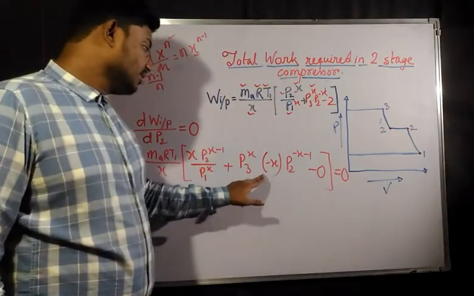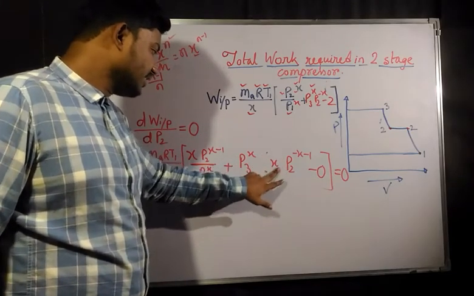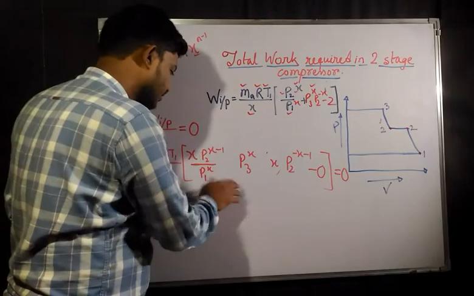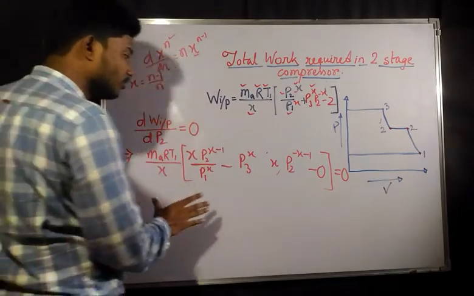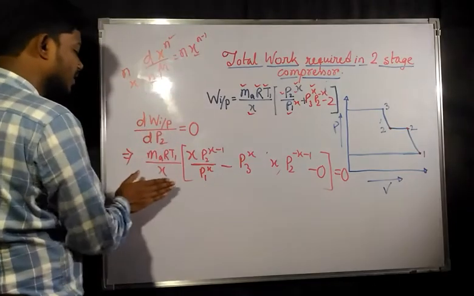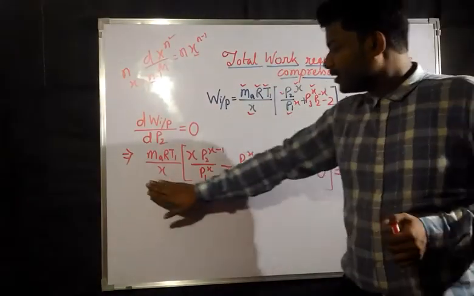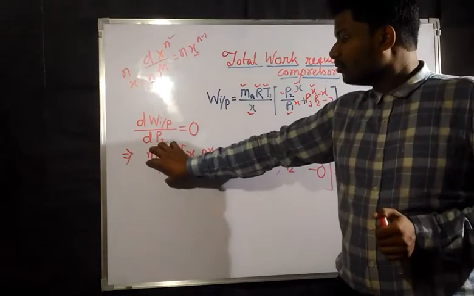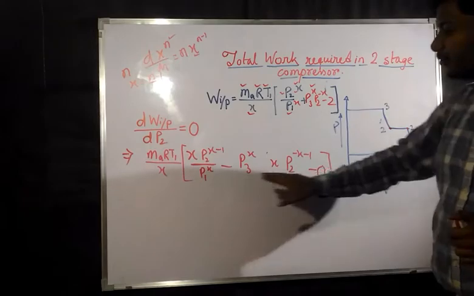Now you can see, we can erase this minus and put this minus here. Now this multiplied by this is going to be equal to 0. So we can take that this part is constant.